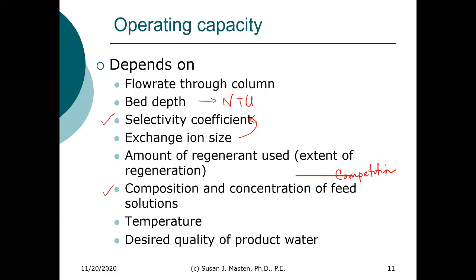If you don't do a good job at regenerating the resin, then you still have, for instance, if you have a home water softener, your home water softener starts in a sodium mode. You replace that with calcium, and then you regenerate to go back to that sodium mode. And if you don't effectively regenerate, you have fewer sites available for additional removal of calcium.